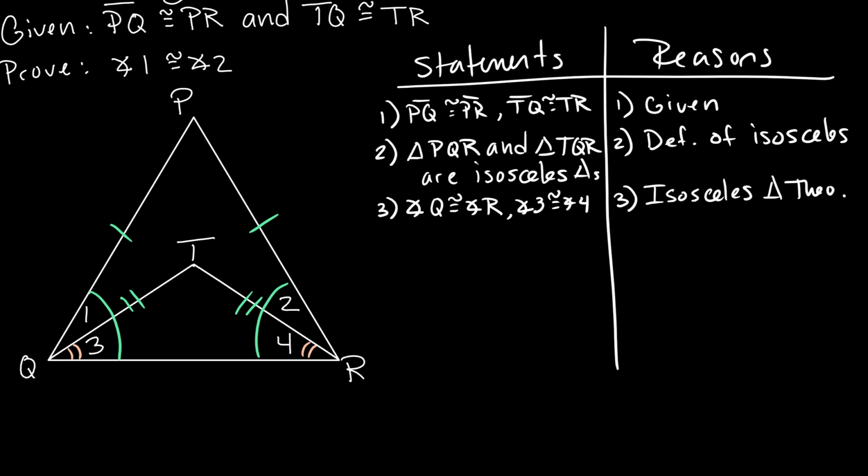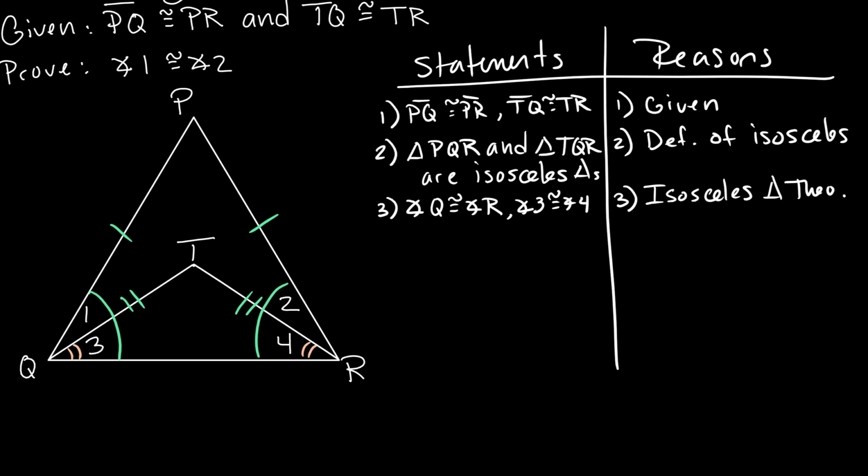Right. So we know 3 and 4 are the same, and Q and R are the same. And then what makes up Q? 1 and 3. And what makes up R? Okay. And then we know 3 and 4 are the same, right? So if we take them out of Q and R, what's left? 1 and 2.